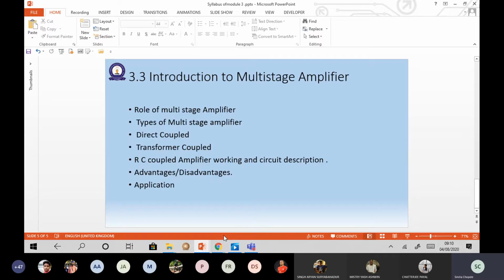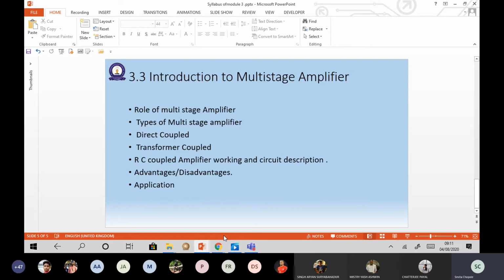Both of these analyses can be applied one after another using the superposition theorem. That is how we take the help of the superposition theorem to determine the Q point as well as performance at varying frequency, which is called frequency variation. So this will be the first objective.